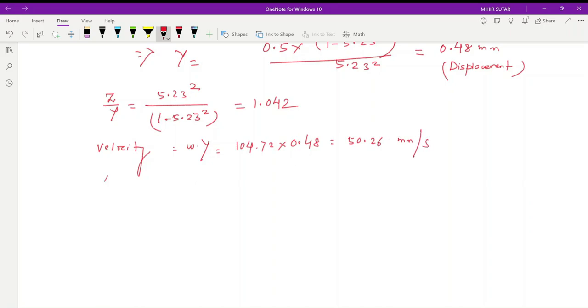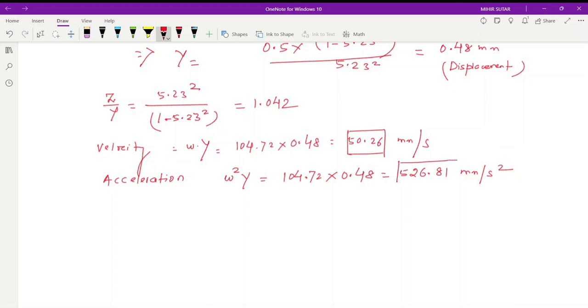Now coming to acceleration, this will be omega squared Y, so 104.72 squared multiplied by 0.48, which will be 526.81 mm per second squared. So we got the displacement, velocity and acceleration under the condition that zeta is kept 0.